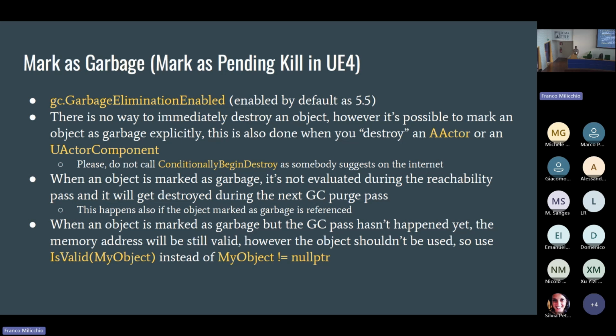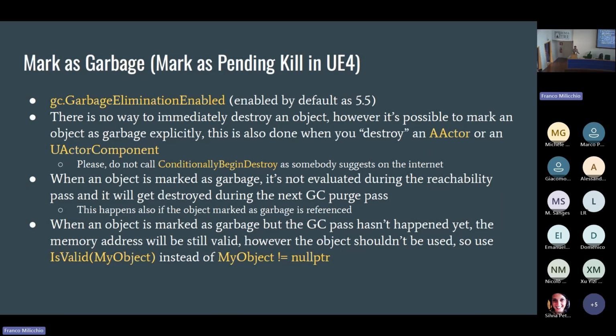You can flag it or mark it as garbage. So that is the console command to enable this feature. And this happens when you explicitly destroy, for example, an actor or actor component in Unreal. And please do not call ConditionalBeginDestroy as somebody suggests on the internet.